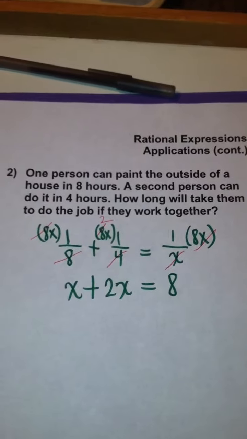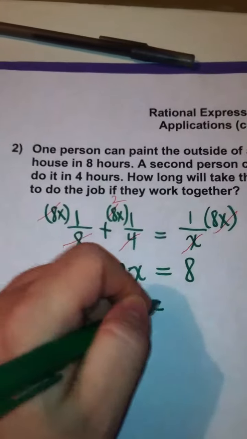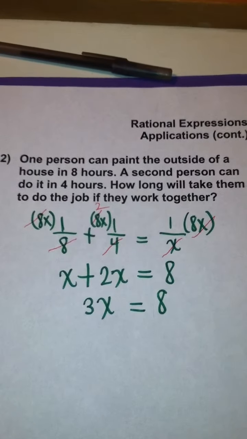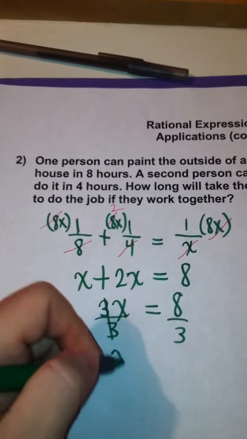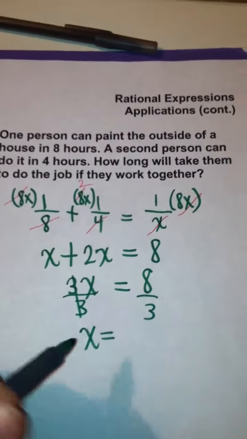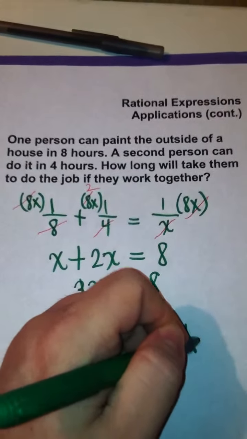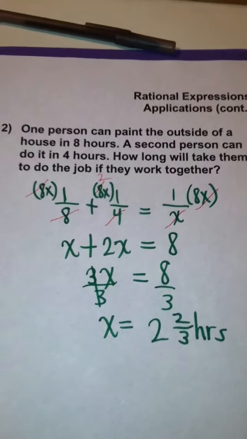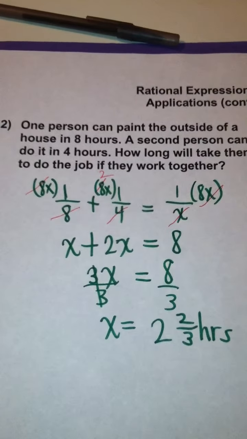At this point, we can combine the x's together, giving us 3x equal to 8. Then simply divide both sides by 3. Changing our answer into a mixed number gives us 2 2/3. So together, they can paint the house in 2 2/3 hours.